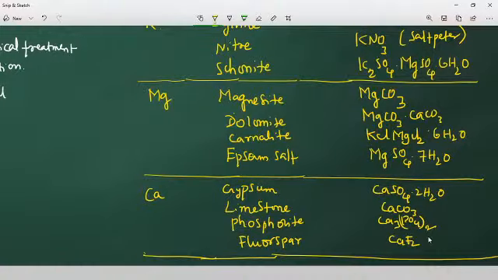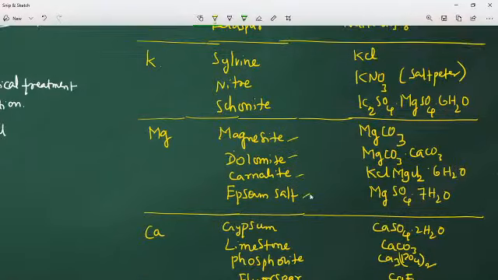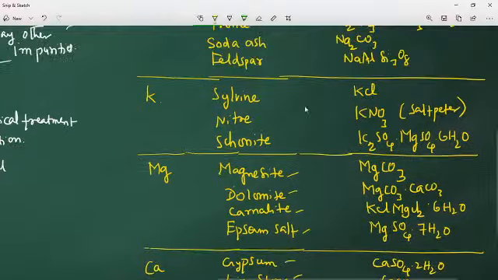In these, all are important, but the most important are gypsum, limestone, phosphorite and fluorspar. In the case of magnesium we have magnesite, dolomite, carnallite, Epsom salt. All are important for magnesium, and we have to prepare all the names and the formulas. In potassium, saltpeter is most important, and sconite is also important.